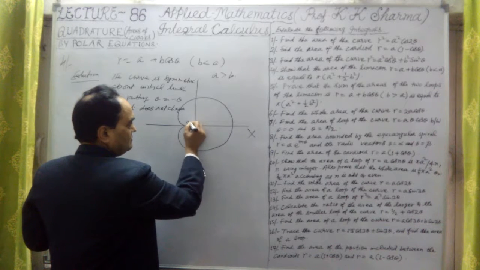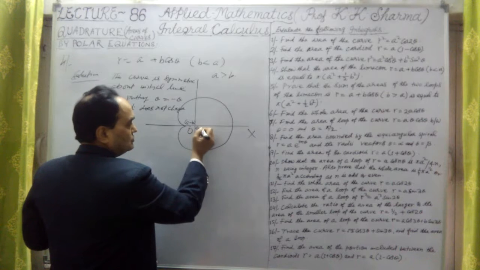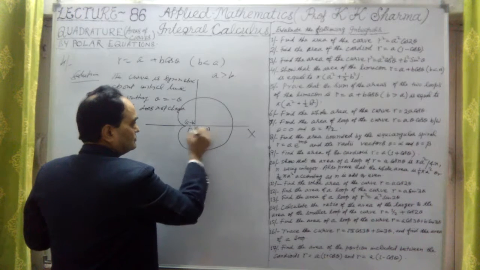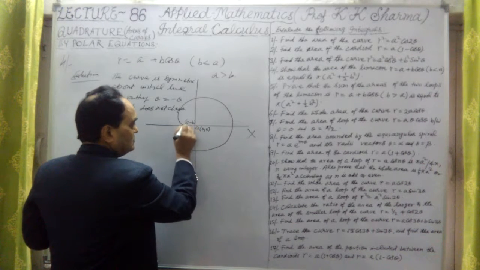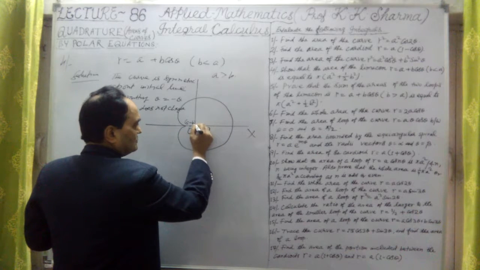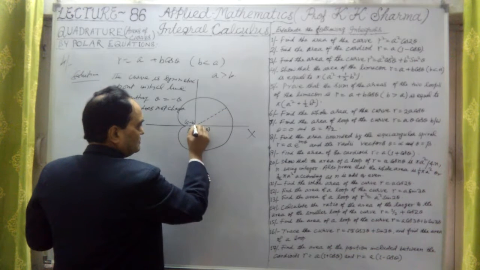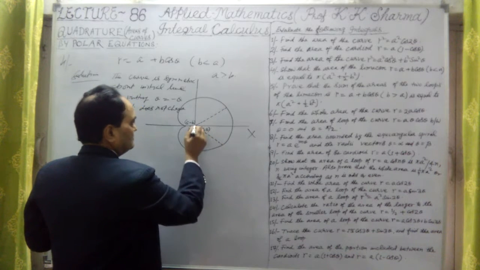Here this is a minus b, this distance from the origin O, or this pole is (0, 0), and this distance is a minus b. Okay, and this is a plus b. What are these lines here? I'll just draw them.